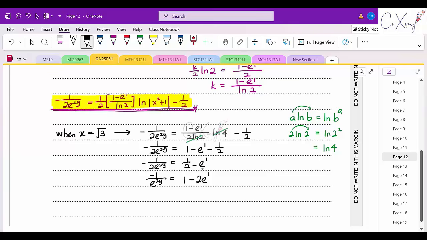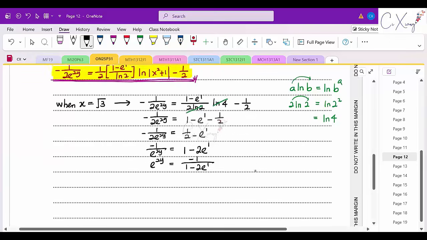Okay, and now I want to move the e power 2y to the right hand side and this whole thing to the left because I want to have everything in terms of y, right? So I will be having e power 2y equals to negative 1 over 1 minus 2e power 1. I'm trying to make it very detailed so that you roughly know how I get to the final answer, okay? So I hope you have the idea of what I am doing here.